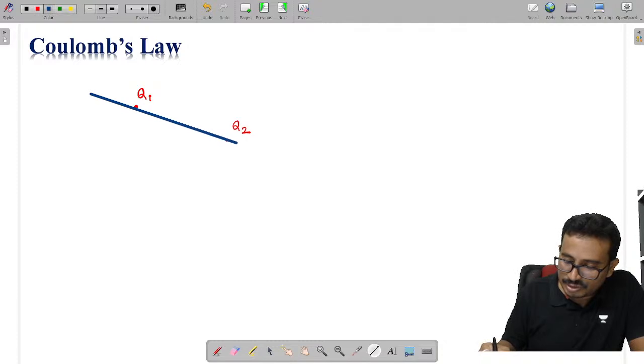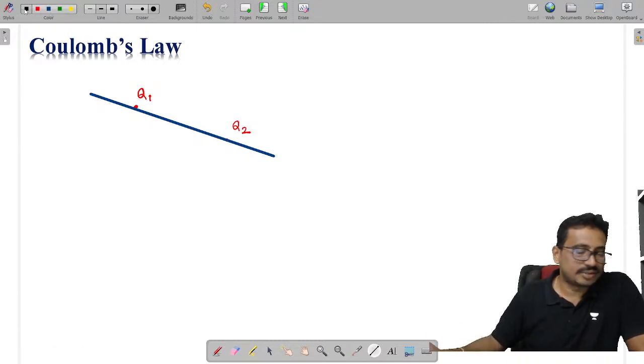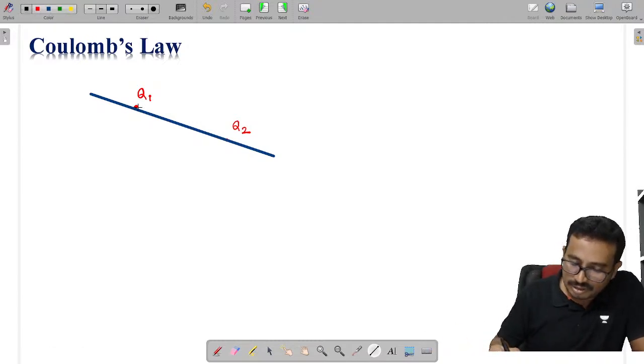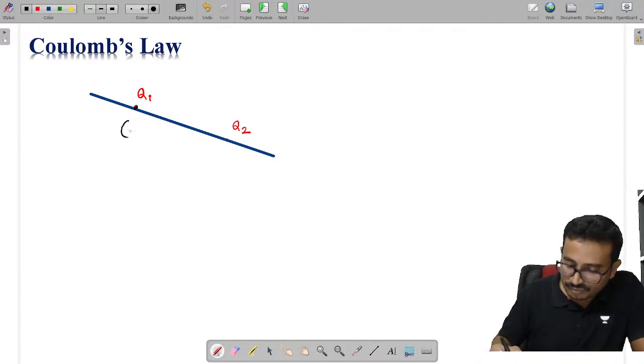There is a line joining the two charges like this. Let us call the position vector of q1 as r1 bar, and the position vector of q2 as r2 bar.